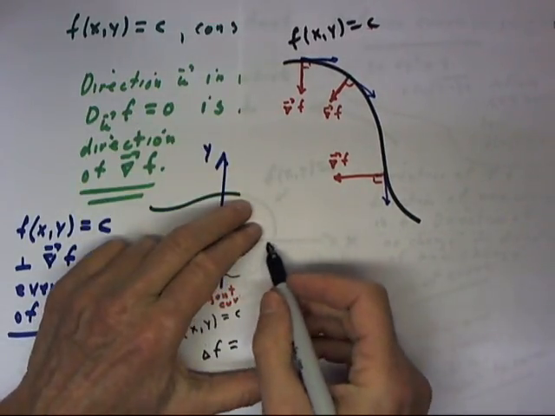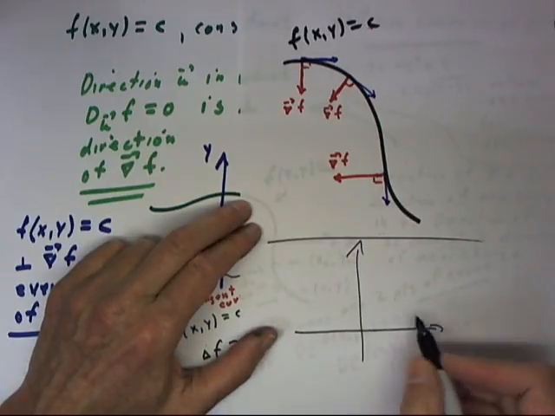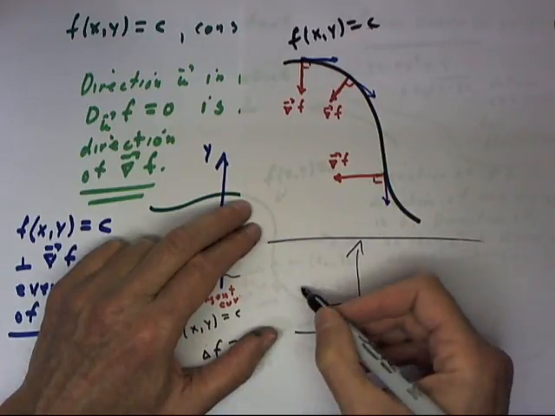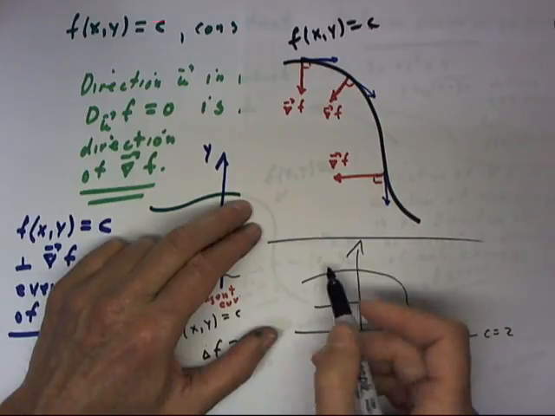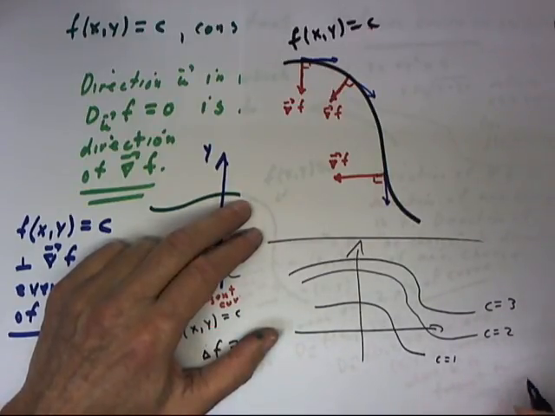If, for example, we have a set of level curves for a function, let's let this be our c equals 1 curve, our c equals 2 curve, our c equals 3 curve, and so forth.